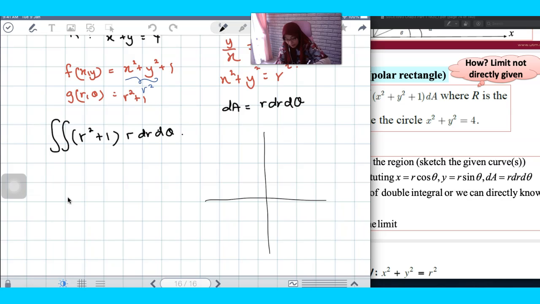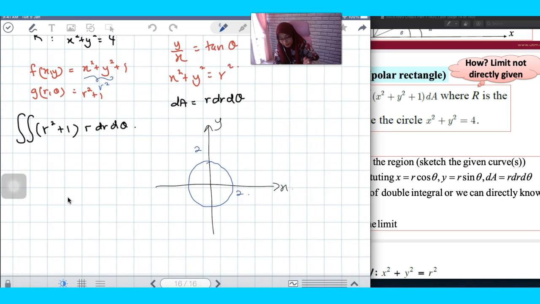So as we know, the region lying on the xy plane is a circle with radius 2, centered at the origin. Because your limits belong to theta and r, not x and y, from the equation x squared plus y squared equal to 4, you have to convert into a polar equation.